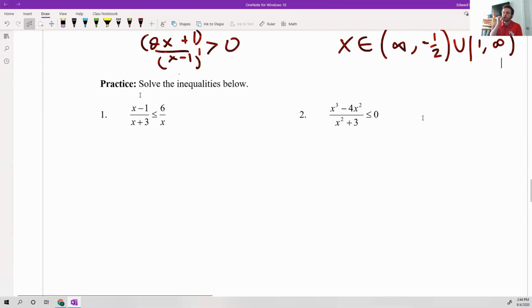Let's continue. Solve the inequalities below. Do you want to just cross multiply? Oh my goodness, no. I think that's a terrible idea. There's so many things that you might potentially lose if you just cross multiply, because whenever we multiply by a negative number across the inequality symbol, we have to flip it.